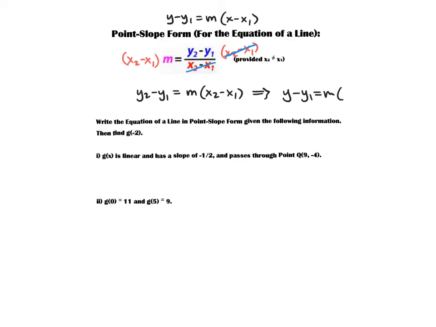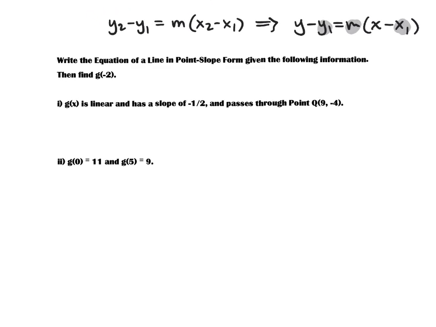And if we're given a point and we're given a slope, we can write the equation of a line. The point that we'd be given would be x1, y1, and the slope that we'd be given or have to find would be m. So let's use that equation in the following example to write the equation of a line in point-slope form given the information below. Then we're going to find g of -2 in both cases.